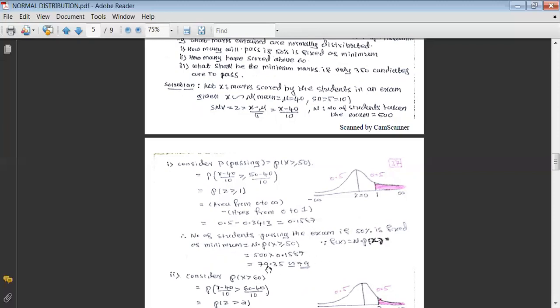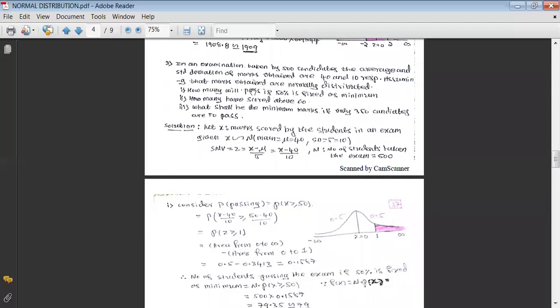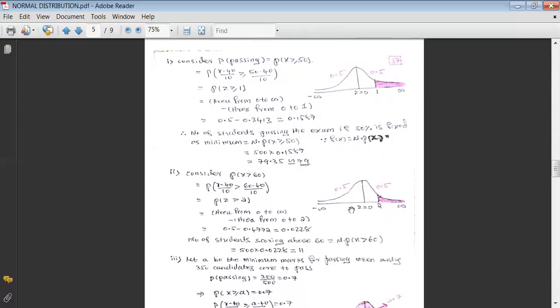Once you calculate this, it results in 79.35, that is almost 79. Out of 500 students who have taken the exam, we may expect 79 students to pass if 50% is the minimum passing percentage. That will be the required answer.